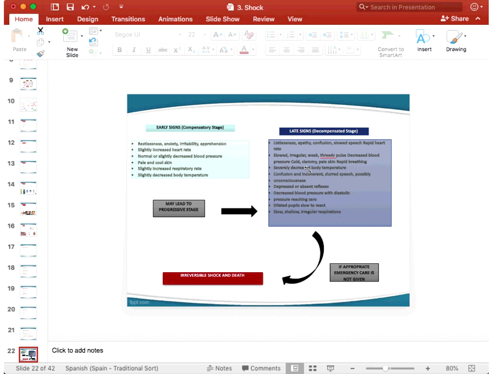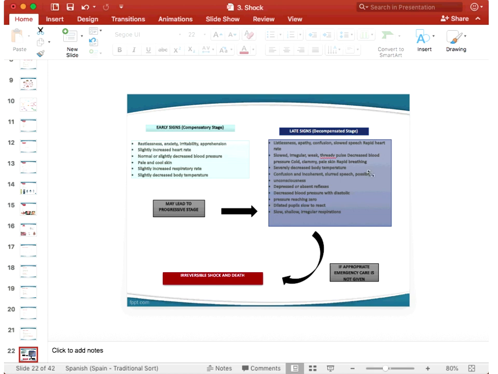You have to find out the place where the patient is bleeding and stop the bleeding and replace the blood cells with transfusions and infuse volume with crystalloids. And then once you do that, you will reverse these late signs of decompensated shock back to a normal state again.